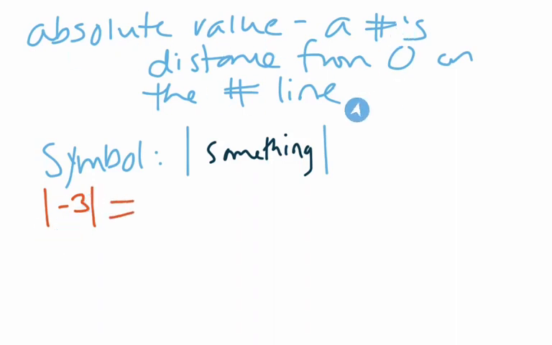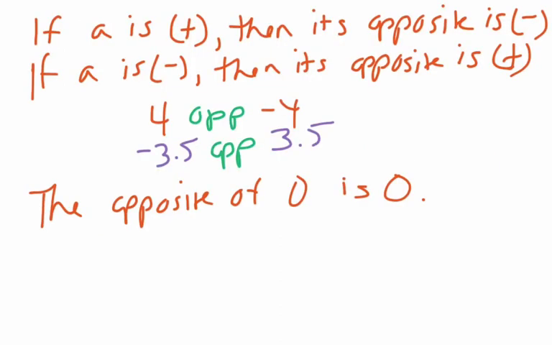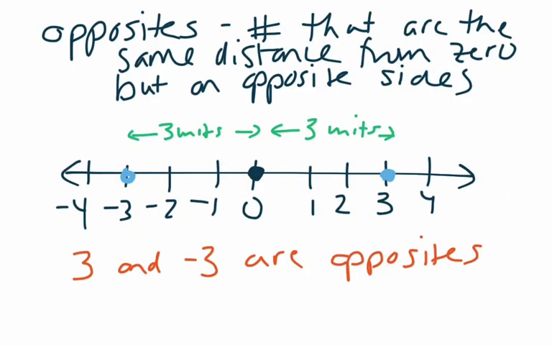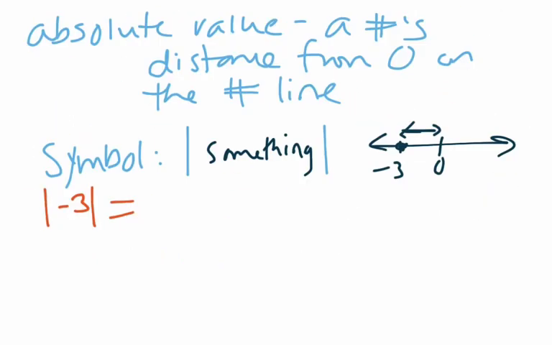Absolute value is a number's distance from 0. So if you look on the number line at -3, how far away from 0 is that? I think we actually did that earlier. -3 is 3 units away from 0. So the absolute value of -3 is 3.